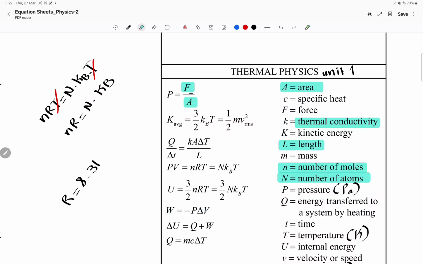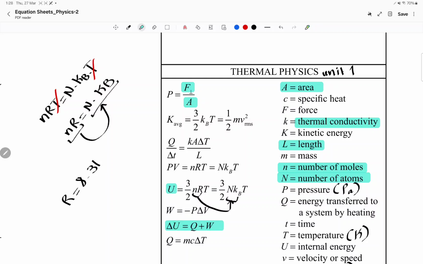Now let's talk about capital U, which is the internal energy, equal to 3/2 nRT, also equal to 3/2 NkBT, which makes sense because here we see that nR is equal to NkB. If you replace the nR with NkB, you get the same thing. Finally, we have delta U is equal to Q plus W.